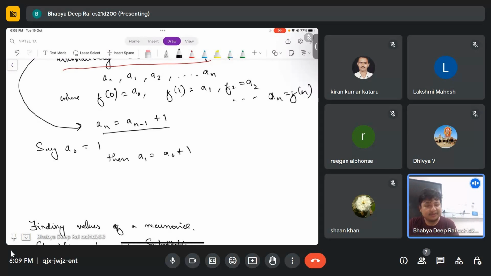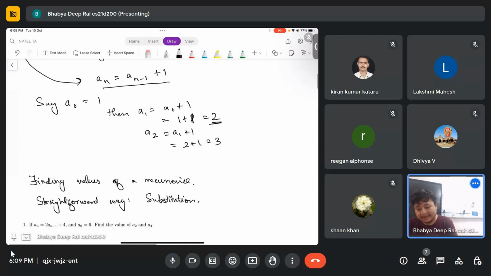That is a(n-1) plus 1, which is nothing but 1 plus 1, which is equal to 2. What is a2? It is a1 plus 1, and we know that a1 is 2. So 2 plus 1, which is equal to 3, and you'll soon find out that the entire sequence is 1, 2, 3, 4, and so on.